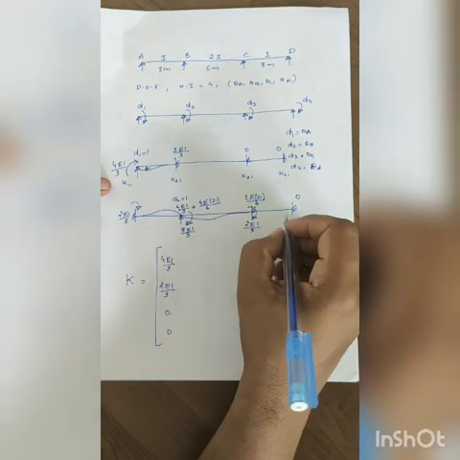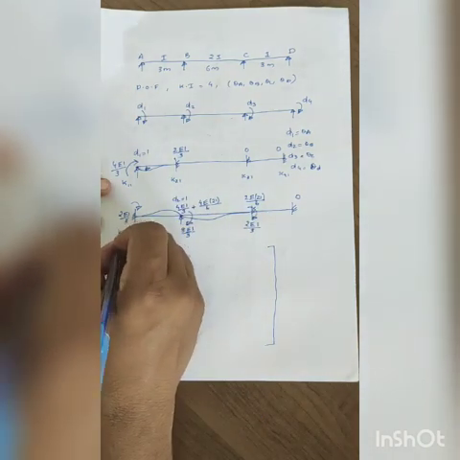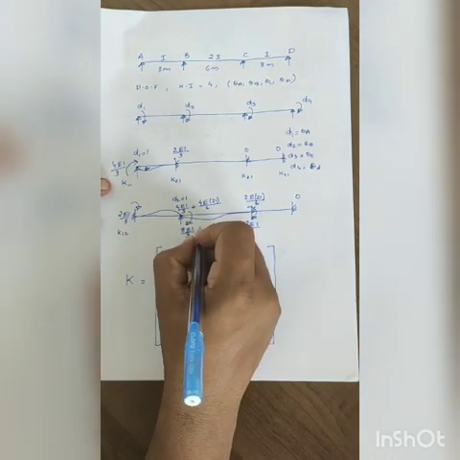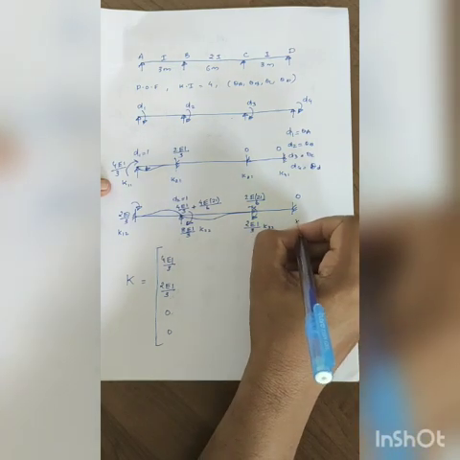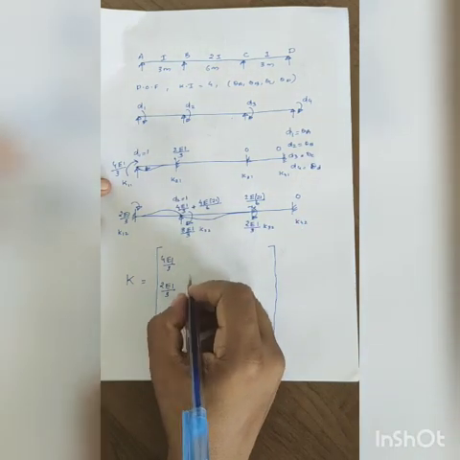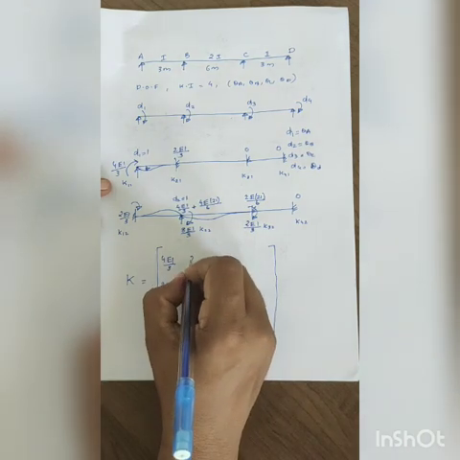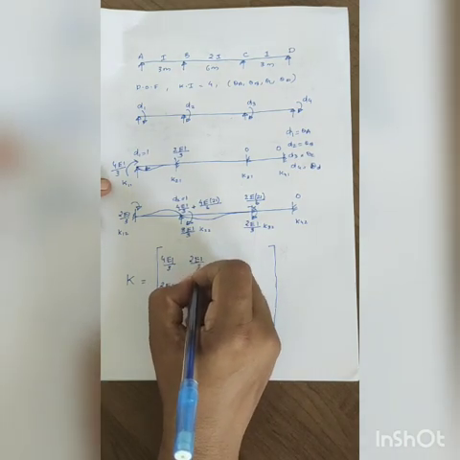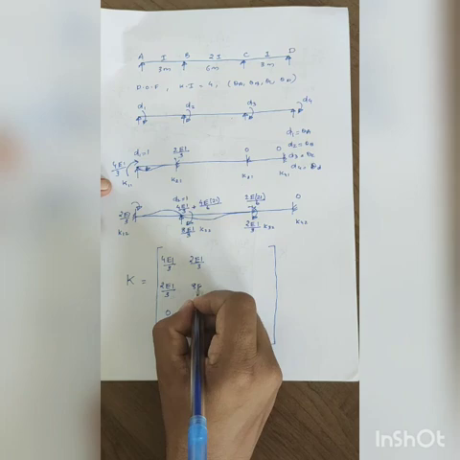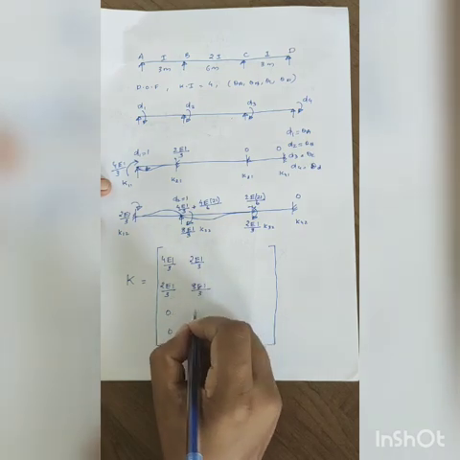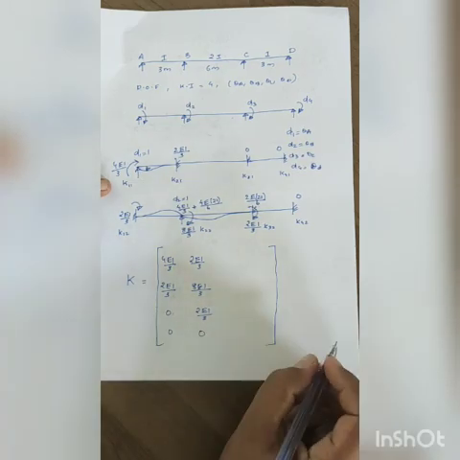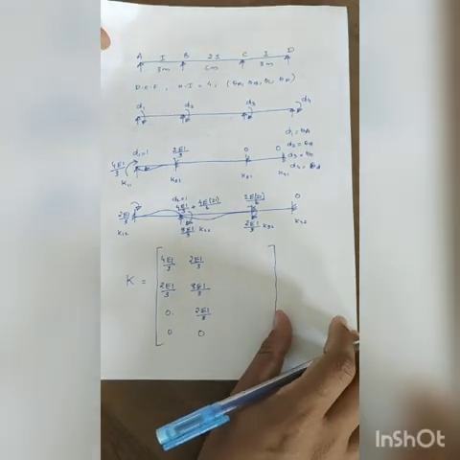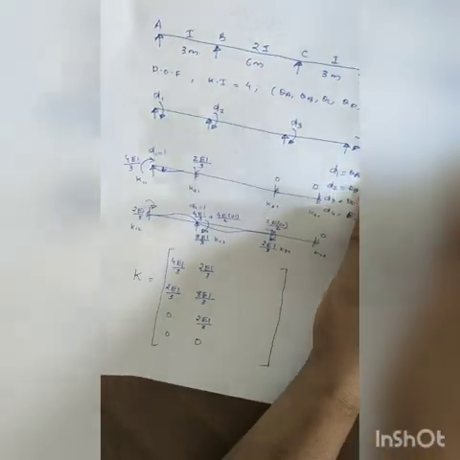So if I fill it, this is K12, this is K22, this is K32, and this is K42. I am going to fill it in my second column: 2EI by 3, 8EI by 3, 2EI by 3 and 0.